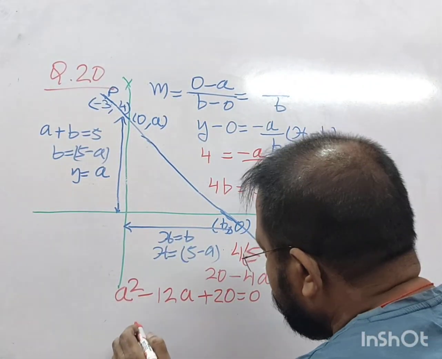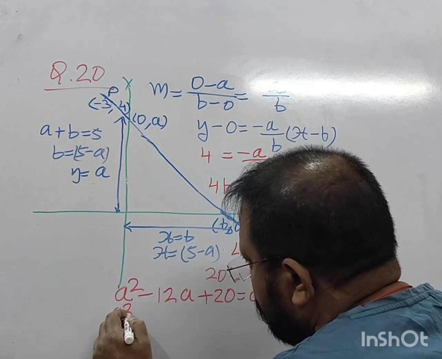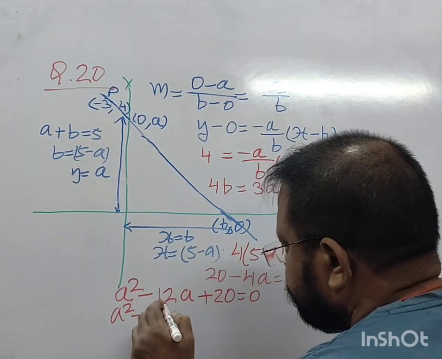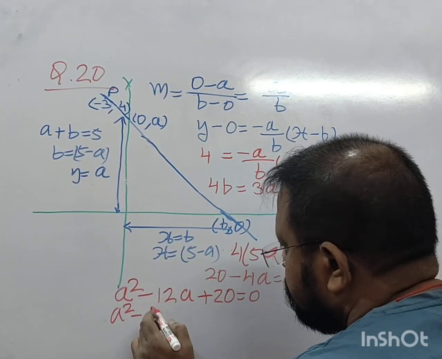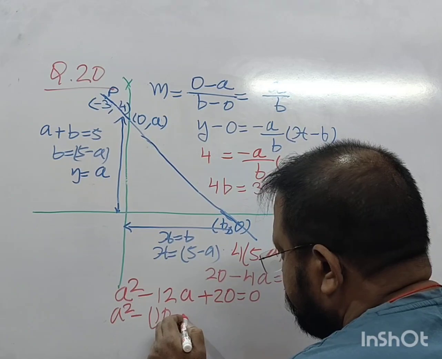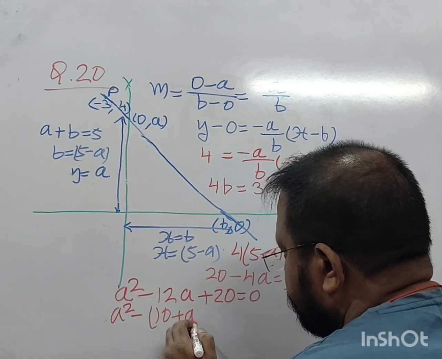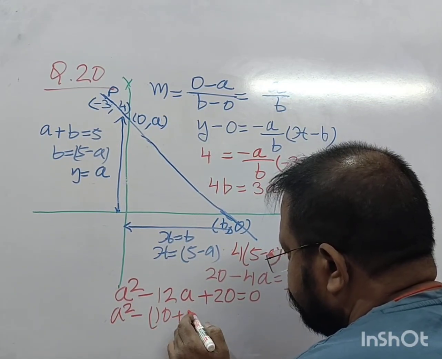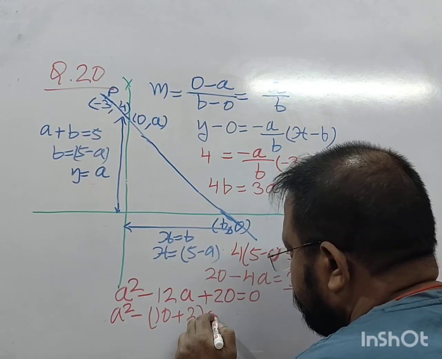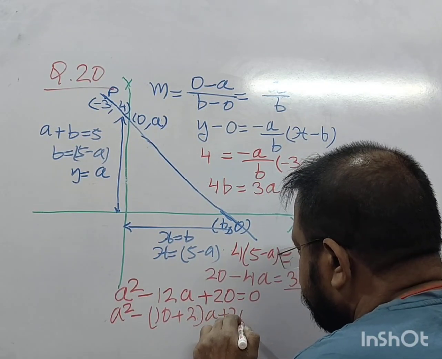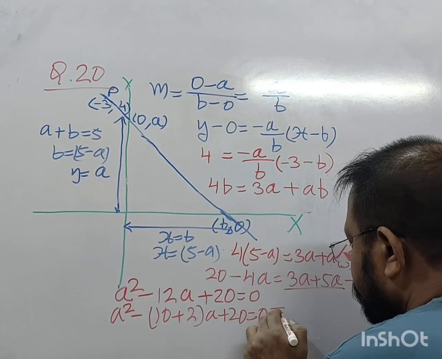Right? Now you get a square minus 10 plus a, 10 plus 2, a plus 20 is equal to 0.